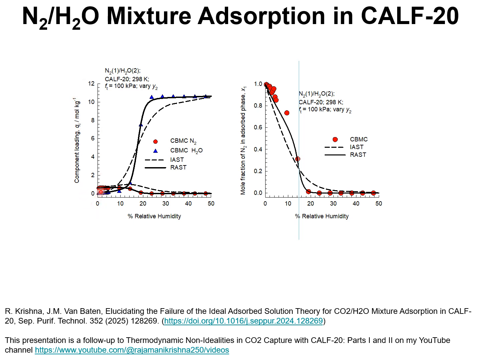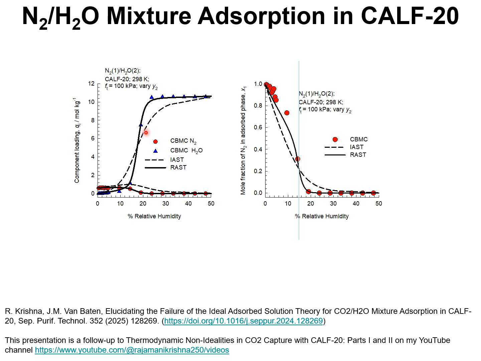I plot here the component loadings for water, blue triangles, and nitrogen, red circles, as a function of the percentage relative humidity. We note again, just as in the case of CO2 water adsorption, the configurational bias Monte Carlo simulation data shows significant deviations from the predictions of the ideal adsorbed solution theory.